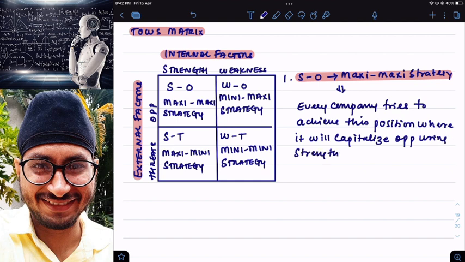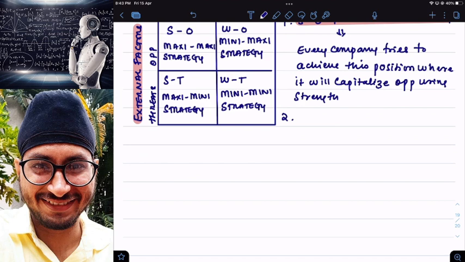Since in this strategy my strength is maximum, my opportunities are also maximum. That is why every company will try to be in this strategy where they have maximum strength and maximum opportunities.